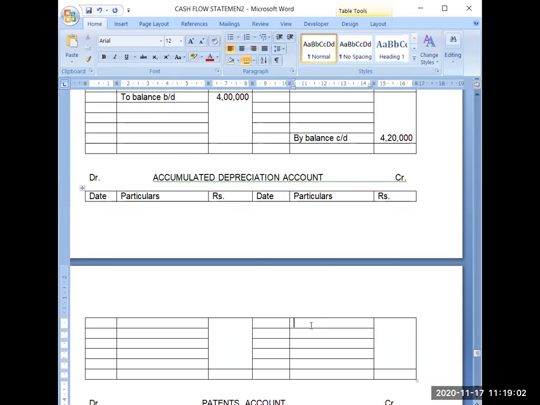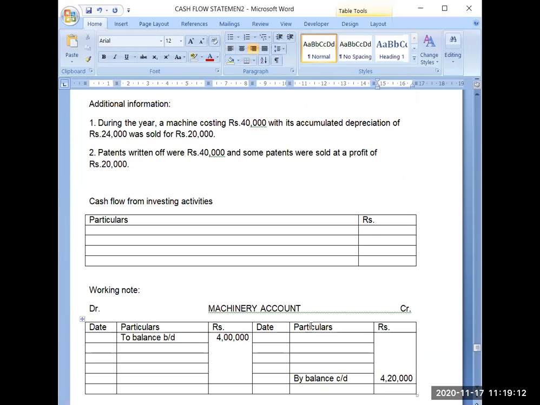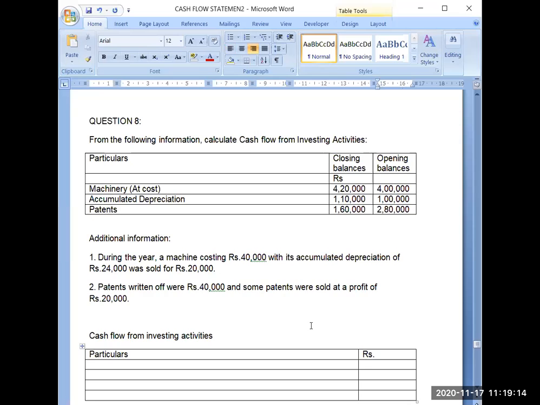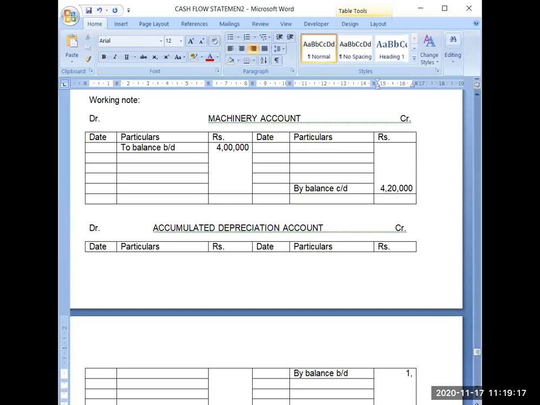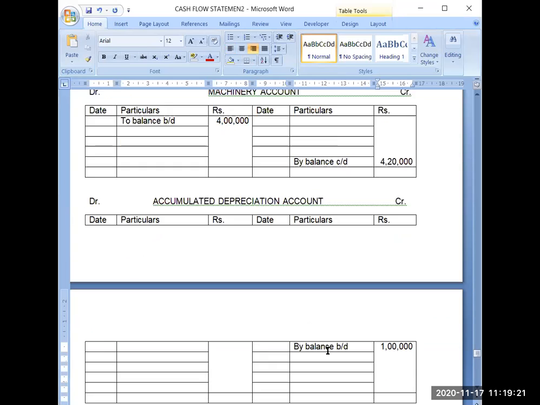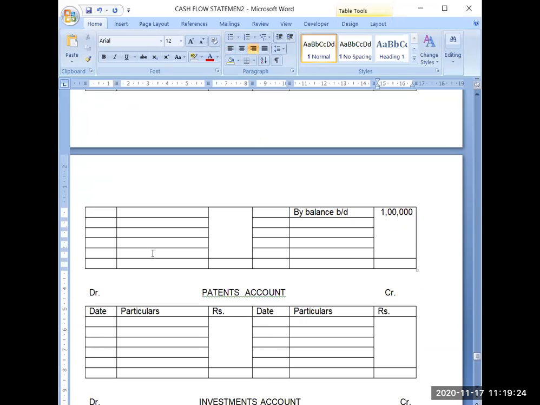Then in accumulated depreciation, I will write the opening balance by balance brought down. Opening balance is 1 lakh. And the closing balance is to balance carried down, 1,10,000.